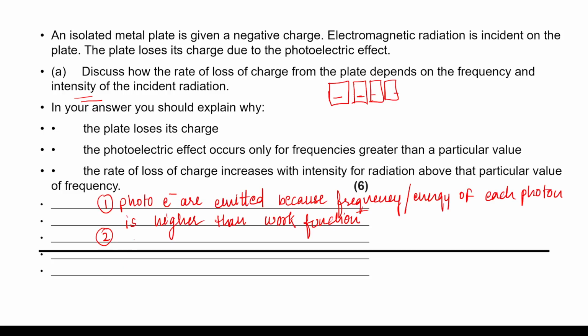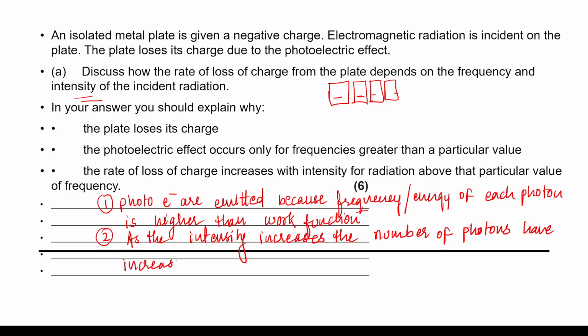And as the intensity increases, I'm talking about the third point now, the number of photons increases. So now the number of photons has increased, so now each photon is going to collide with more electrons, so the number of electrons increases with the increased number of photons.